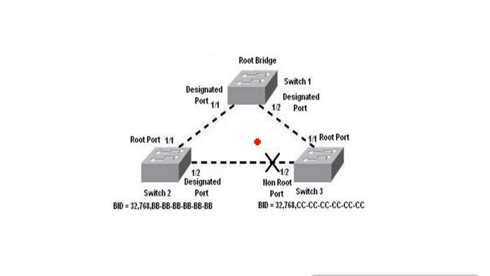Now how does it work? Suppose when you connect a port to other switches, no matter whether you are connecting the port to another switch or another device, like a PC here, this port will still do all those things, whatever it needs to, to protect the port from creating the loop.